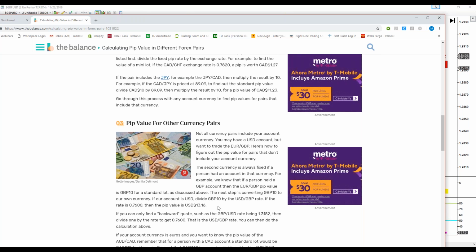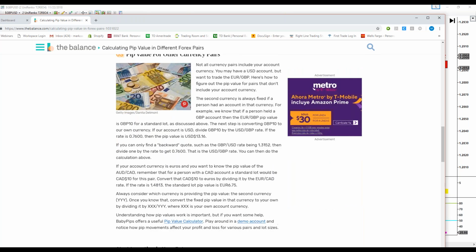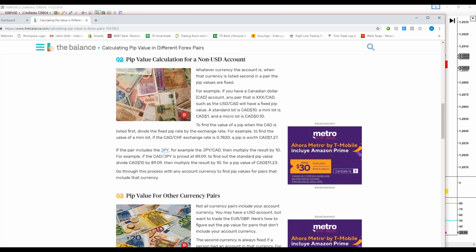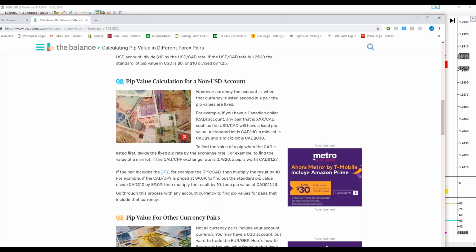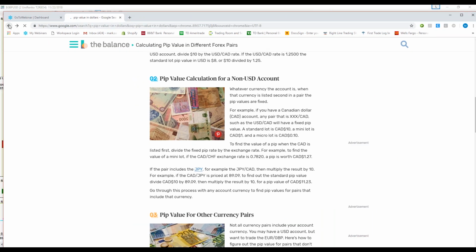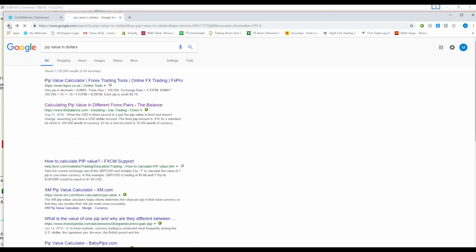So it's really something you're going to have to talk to your broker about. But a pip is worth a lot of money. It's not $1, I can tell you that. So a 15 pip or 20 pip move is lucrative.